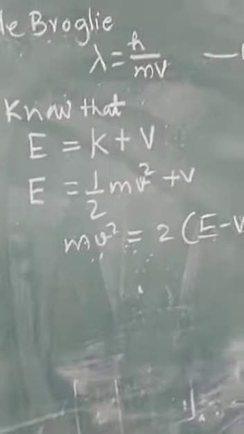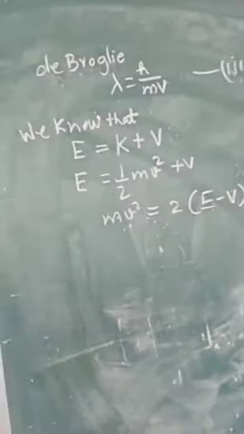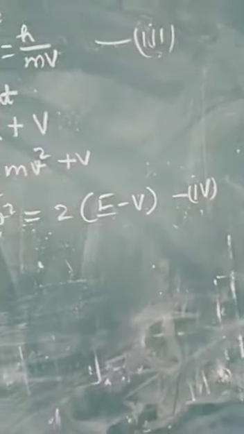This is the fourth equation. Total energy of the system is equal to kinetic energy plus potential energy.